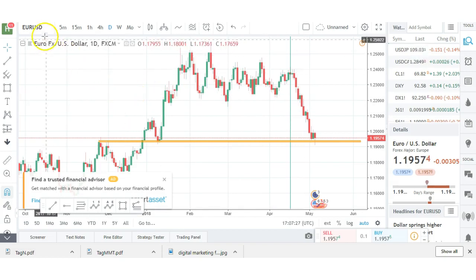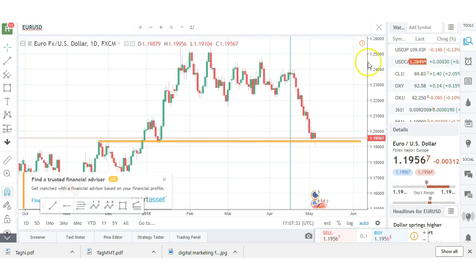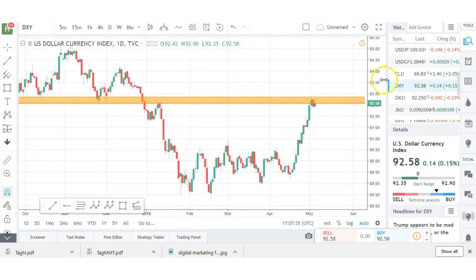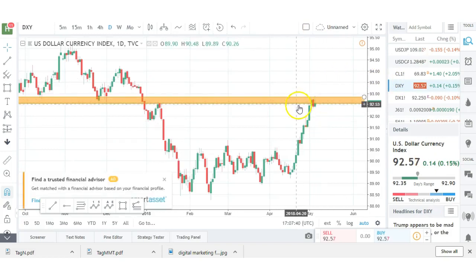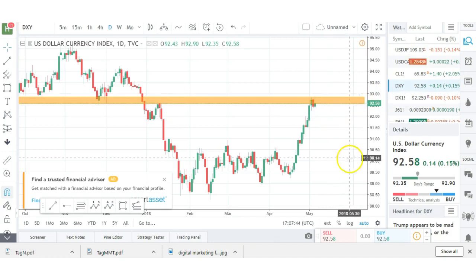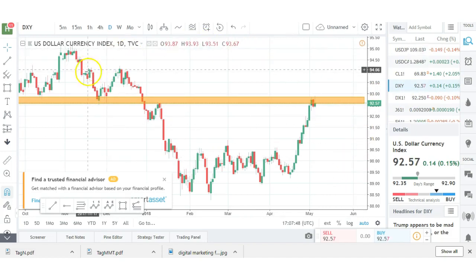Okay, so look at another pair, and just keep in mind where the dollar is. Where's the dollar? We're right at this pivotal zone, possibly to move back down. Not drawing anything fancy, no fibs, no indicators here. We're just looking at support and resistance.